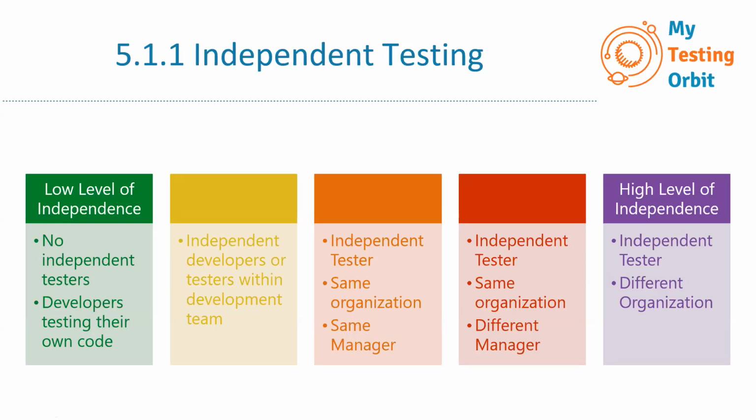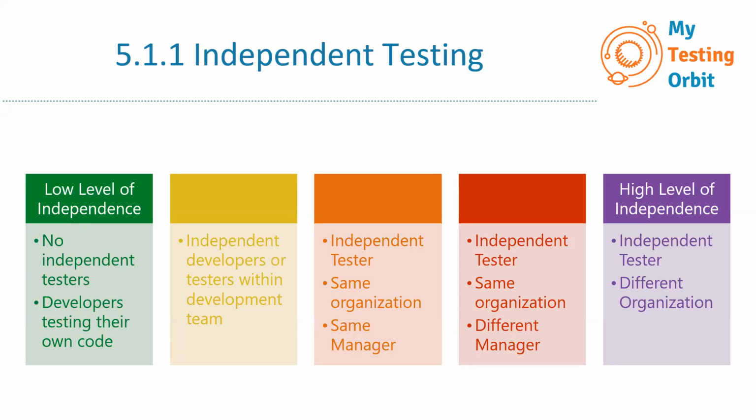It's a scenario where in the team there are no testers, and the developer who has developed the code is testing the application as well. So they are testing their own code. This is the lowest level of independence, because the same person who wrote the code is doing the testing as well.